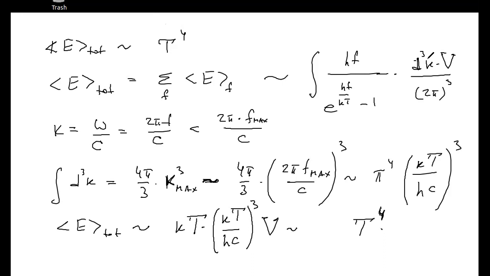How do you like it? That was an experimental fact. And with this distribution, we can explain this experimental fact. And the constant of proportionality will depend on fundamental constants: the Boltzmann constant k, the Planck constant, and the speed of light.